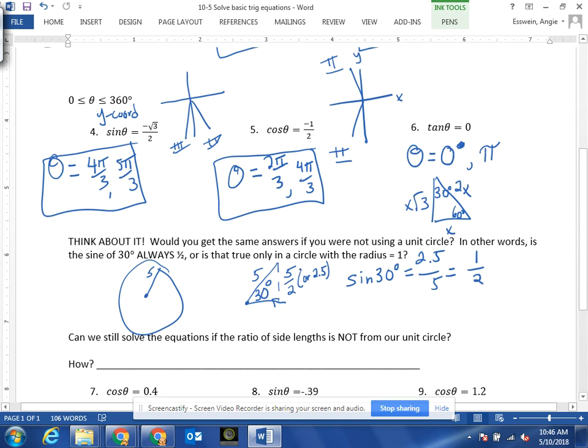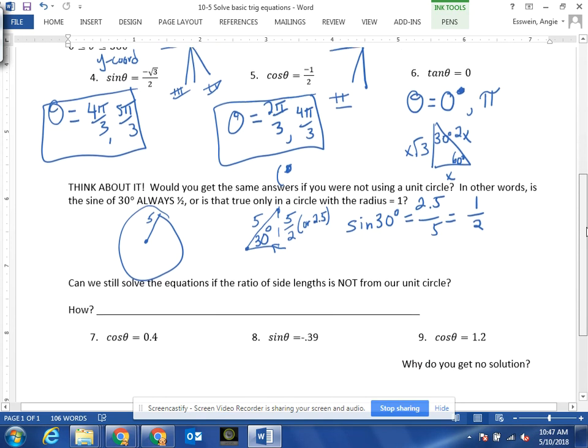Even if you don't use a unit circle, the ratio is still a half. Now the distances and the coordinates are different. The coordinates of this point would be 5 halves; whatever this distance is would be x and this is y. So the distances are different.